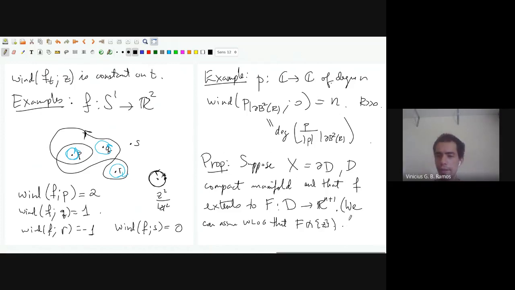So the claim of the proposition is that the winding number of f with respect to Z is equal to the number of points in the pre-image of Z. And here you can look at this equality and this number. Again, you have to look at two cases: when X is oriented and when X is not oriented.